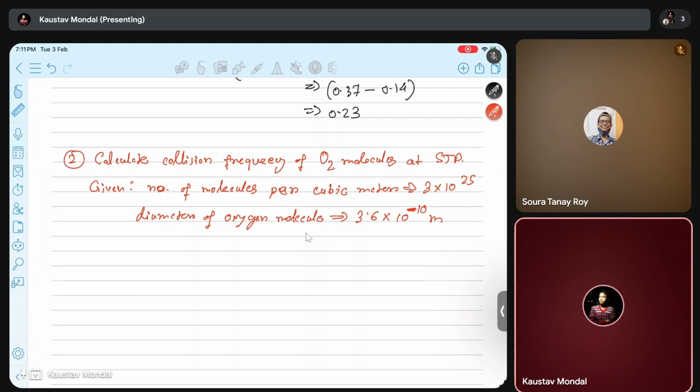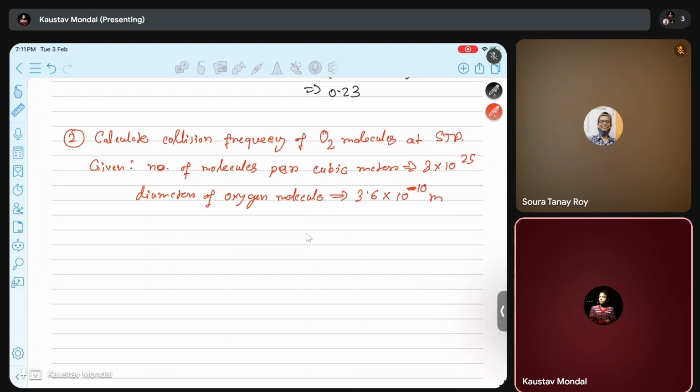So these are the given information. Now the options: option A is 8.3 into 10 to the power 9 second inverse. Option B is 8.2 into 10 to the power minus 11 second inverse. Option C is 7.3 into 10 to the power 9 second inverse. And option D is 6.2 into 10 to the power 10 second inverse.